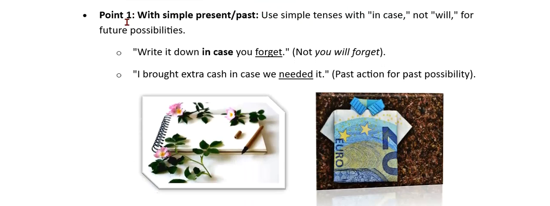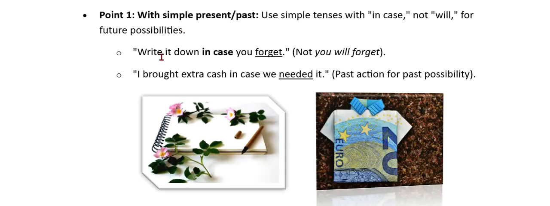So, point number one, with simple present or past. Use simple tenses with in case, not will, for future possibilities. If you want to talk about future possibilities, after in case, you should use simple present or simple past. You have to use simple tenses. Do not use will or would after in case.